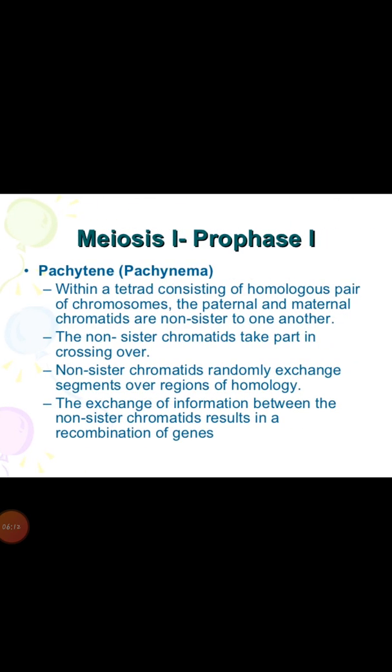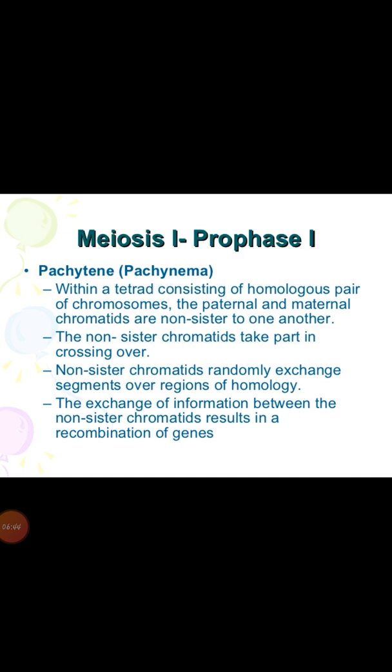Then next is pachytene, also called pachynema. Pachy means thick, so thickening of chromosomes takes place during pachytene. Within a tetrad consisting of a homologous pair of chromosomes, the paternal and maternal chromatids are non-sister to one another. Crossing over takes place, in which non-sister chromatids randomly exchange segments or regions of homology.